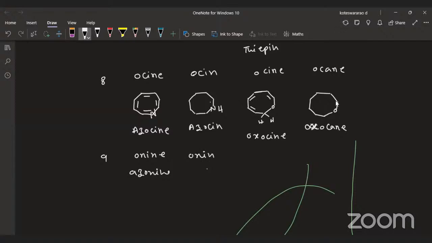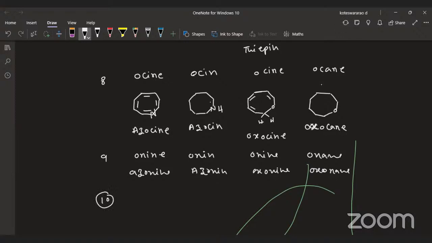Oxygen again, oxonane. The oxygen heterocyclic that is fully saturated is called oxonane, with 9 member atoms in the ring.